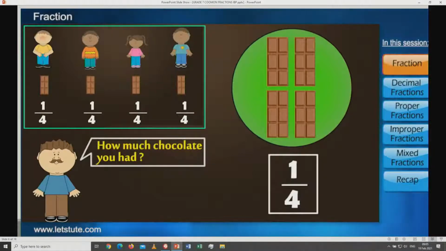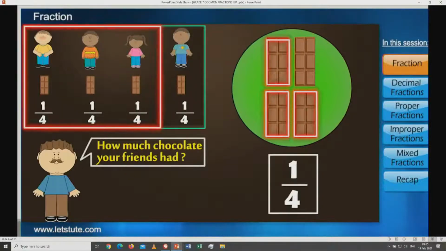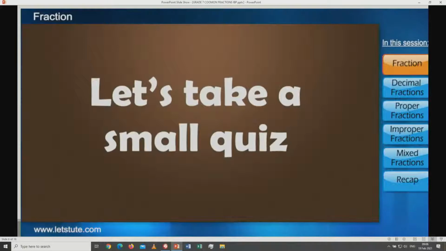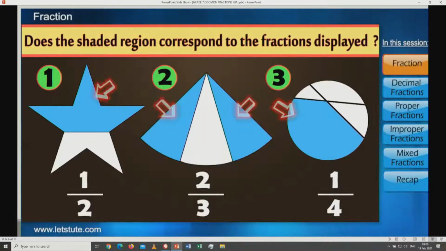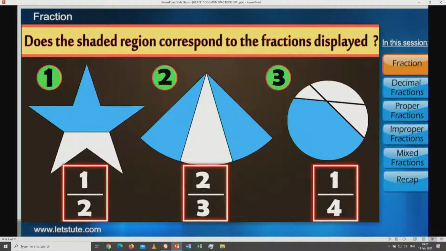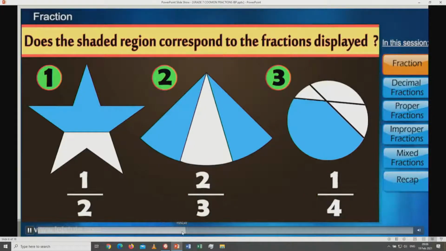Now, can you tell me how much part of the chocolate did all your remaining friends have? 3 parts of the chocolate were remaining out of 4. So, they all had 3/4 part of the chocolate. Let's take a small quiz before we move ahead. Can you tell me that to the shaded region correspond the fractions displayed?